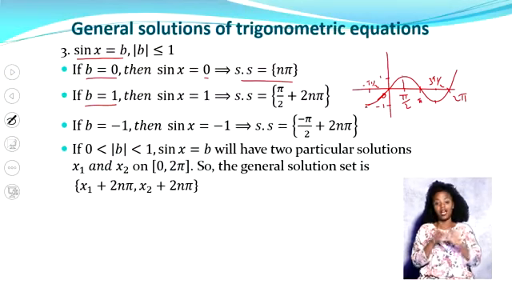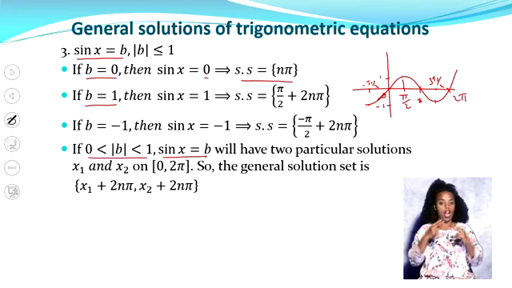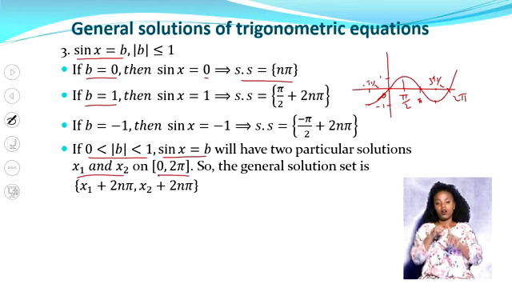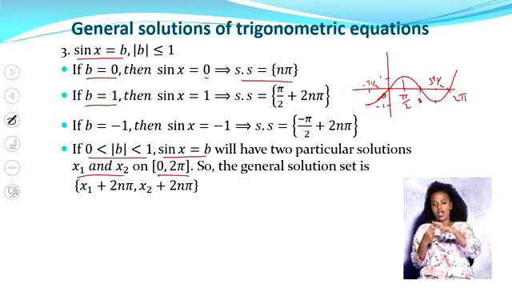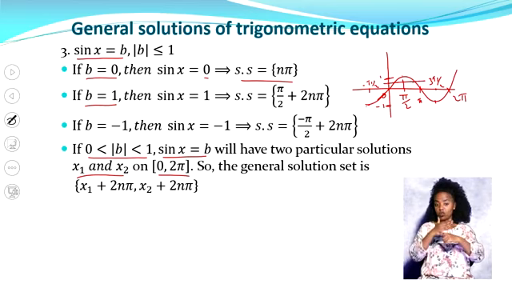But for this interval, sine x equal to b will have two particular solutions on this part from 0 to 2 pi. This is 1 and minus 1. Between this interval, if you cross a horizontal line, that horizontal line touches the graph at 2 points. You will have two particular solutions on the interval 0 to 2 pi if b is between 0 and 1.